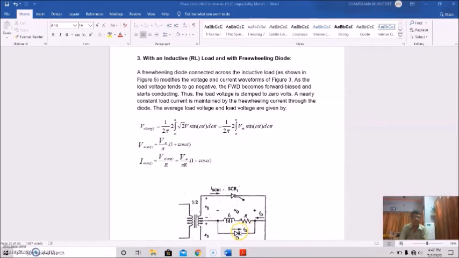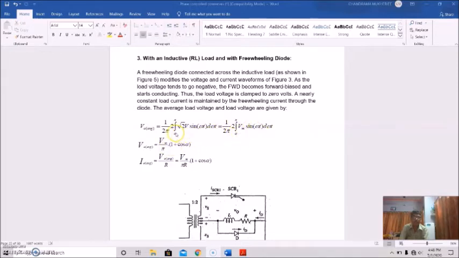Nearly constant load current is maintained by the freewheeling diode, by maintaining the freewheeling current through it. The average load voltage and load current will be like this. So this is the average of load voltage, its equation, and its output will be like this.